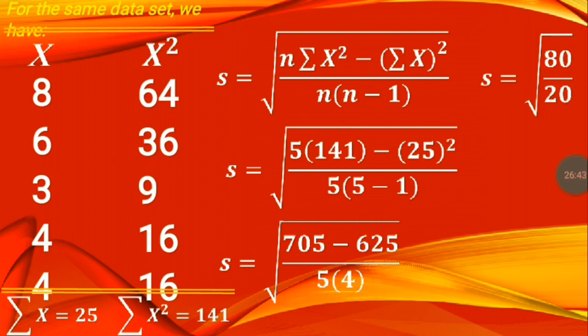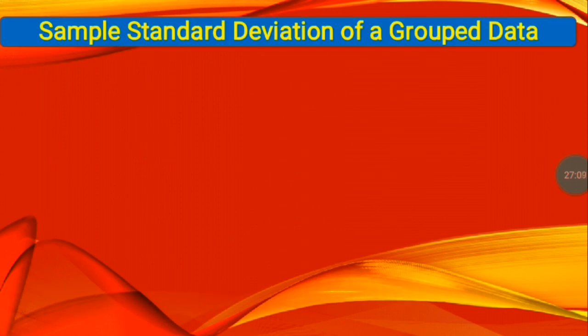And then you have the sample standard deviation is equal to the square root of 80 divided by 20. That gives us the square root of 4. Okay, so our sample standard deviation is 2, which is the same as our result for the sample standard deviation using the previous formula or method. Okay?